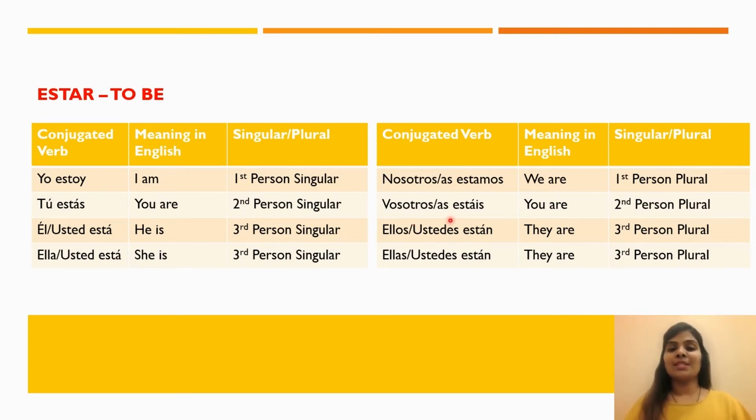Vosotros, vosotras estáis. You are. Ellos, ustedes están. They are. Or you with a plural meaning in a formal conjugation. Ustedes. Ellas, ustedes están. They are.